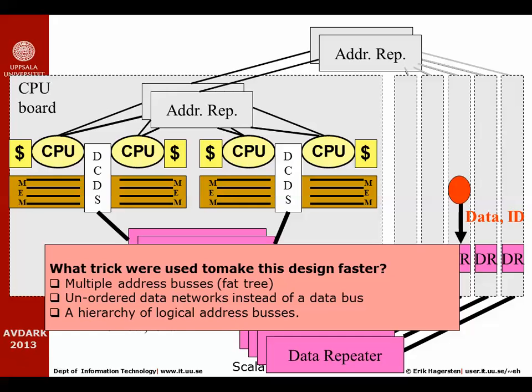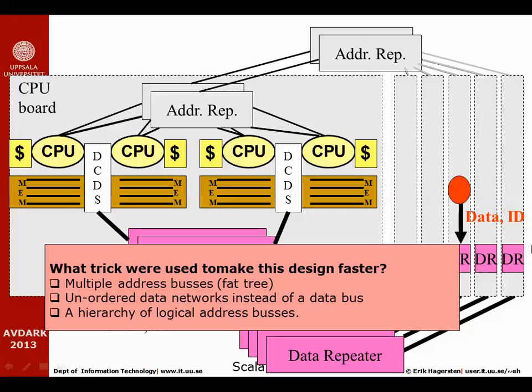So in this commercial system, which of these tricks did we play to make the snooping faster? There could be one or several correct answers. The correct answer is that we actually played all 3 of these. We use multiple address buses: we have even and odd address buses at this level over here.